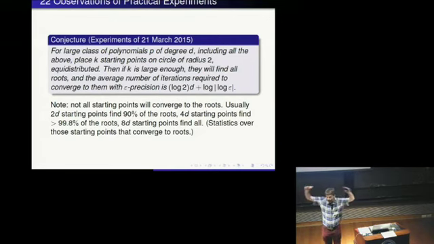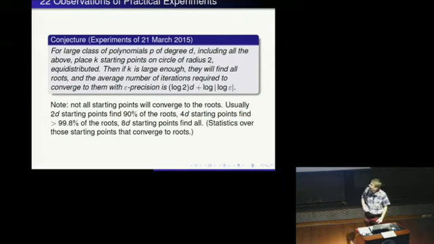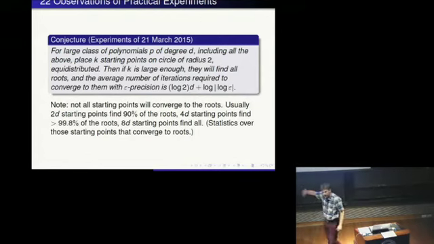When you have enough equidistributed points, you will find all the roots. We know this. And the average number of iterations it will take is log 2 times d plus log epsilon, averaged over all the starting points, counting only those that do converge to the roots. There may be some that find higher order cycles, and of course they would contribute infinity. You ignore those.